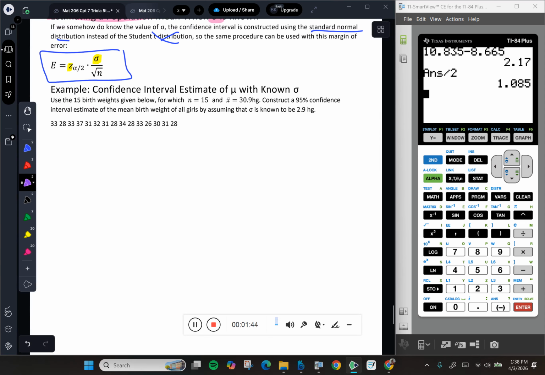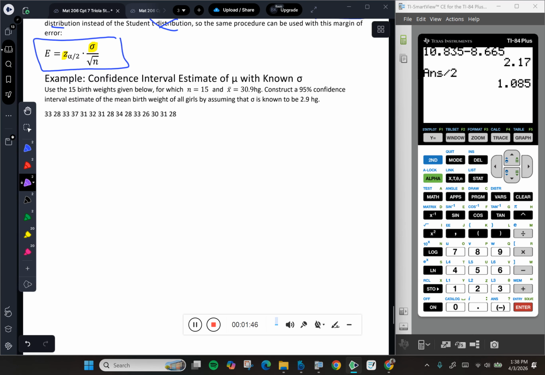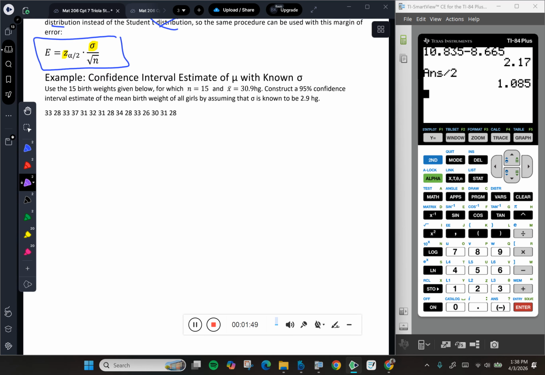Okay. All right, so let's go ahead and take a look at an example of building a confidence interval for the mean if you somehow magically knew the population standard deviation. Here I've got a data set, and it's asking me to create a confidence interval using the 15 birth weights below, for which n is 15, sample mean is 30.9 hg's. What is that?